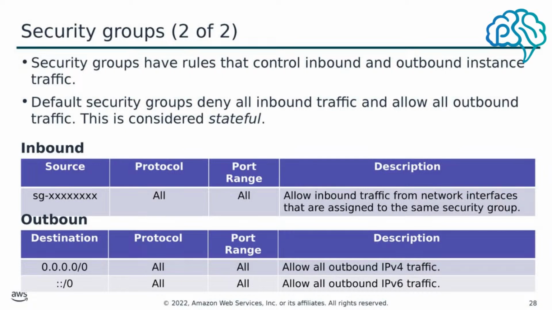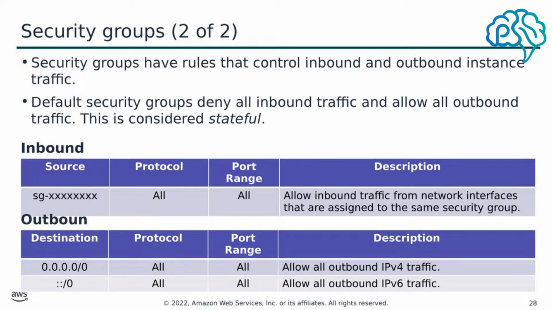Security groups are stateful, which means that the state information is kept even after a request is processed. So let's say you send a request from your instance, the response traffic for the request is allowed to flow through regardless of the inbound security rules.